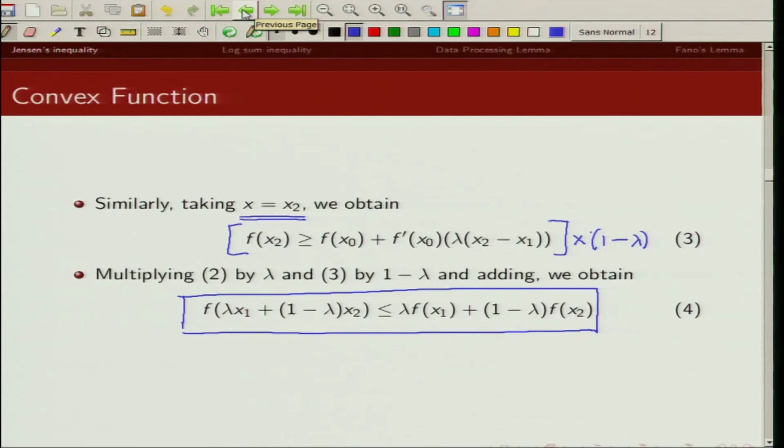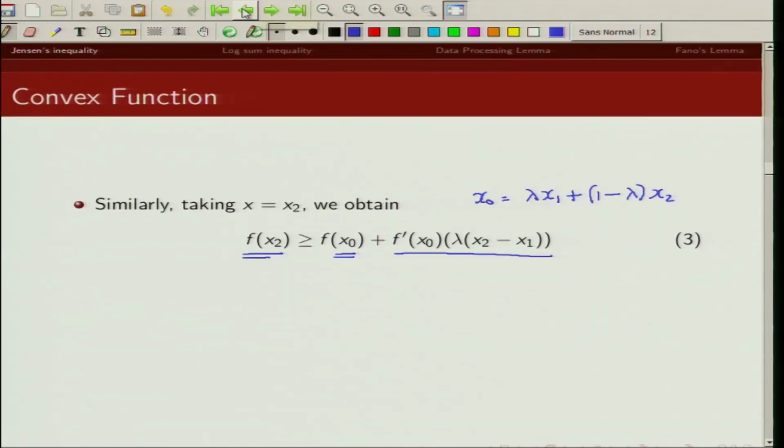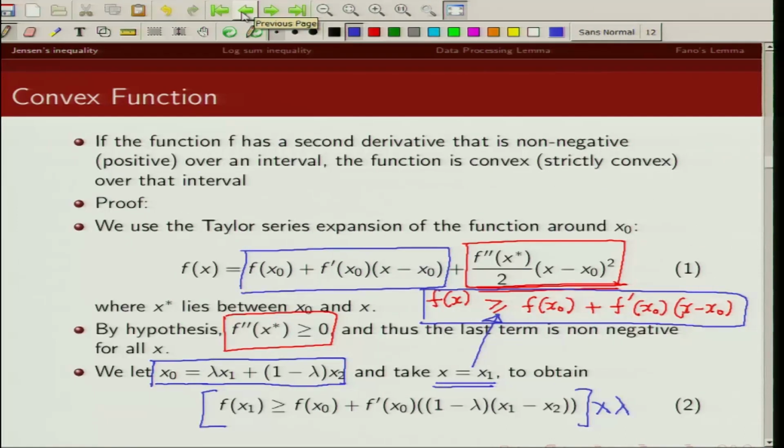Hence we have proved that if the second derivative is positive, then the function is convex. So if a function has a second derivative that is non-negative over the interval, then the function is convex, and if the second derivative is positive, then it is strictly convex. And similarly we can also show if the second derivative is non-positive, then the function is concave.